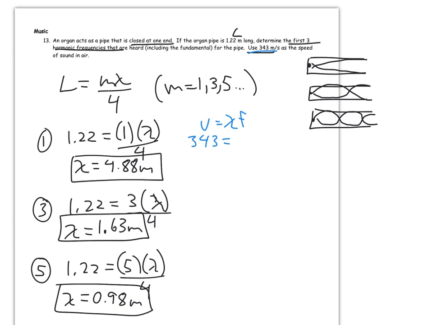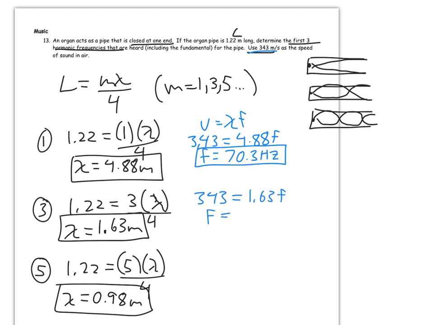So we can say that 343 is going to be equal to our wavelength, which is 4.88 times our frequency. And so we end up getting a frequency of 70.3 hertz for that first one. For the next one, when our wavelength is 1.63, we find that our frequency would end up being 210.4 hertz.